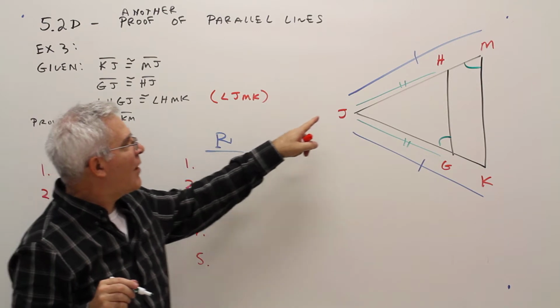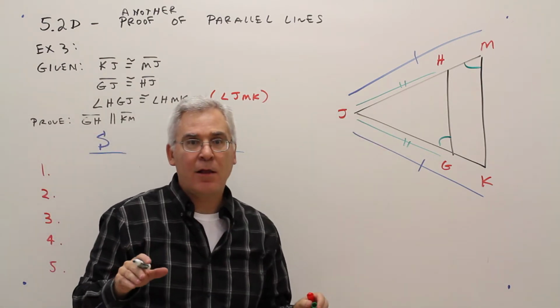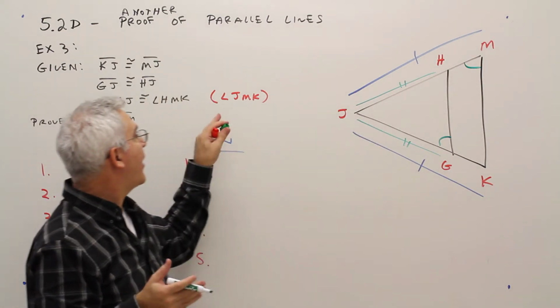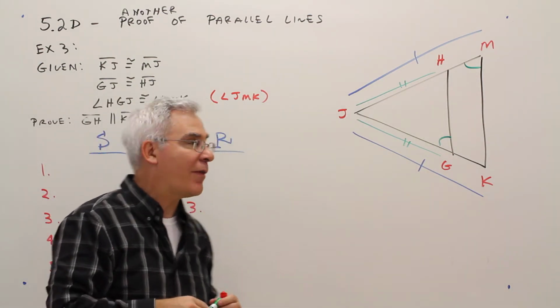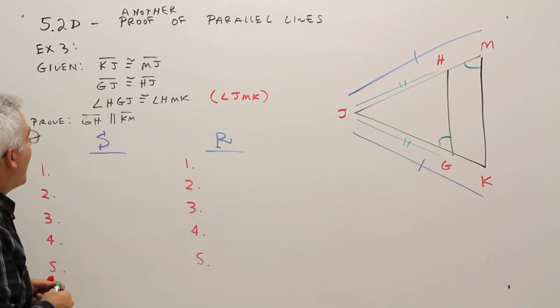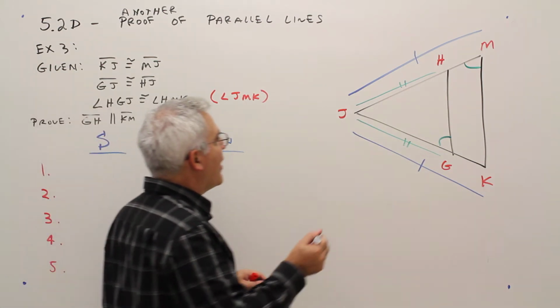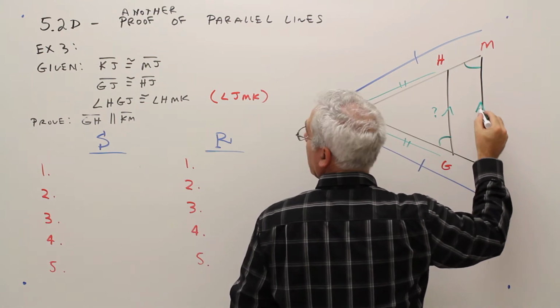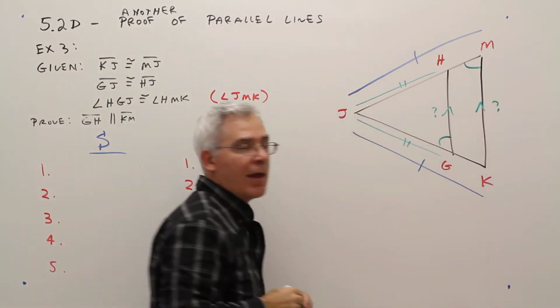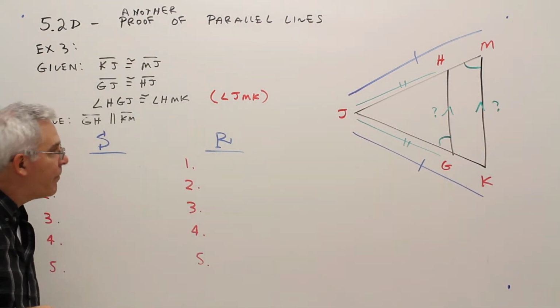HMK is really the same as JMK. This is the second time I'm making the video. That kind of threw me for a loop, so I'll put that in there at the get-go and explain that later. After all that, prove that GH is parallel to KM.